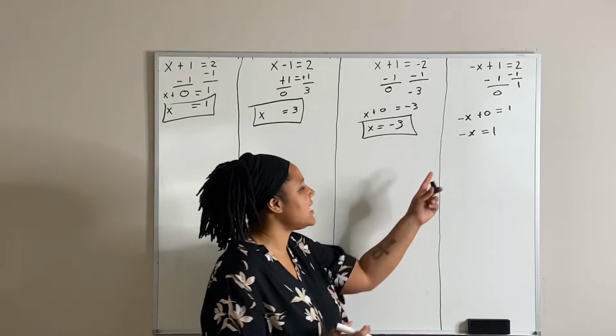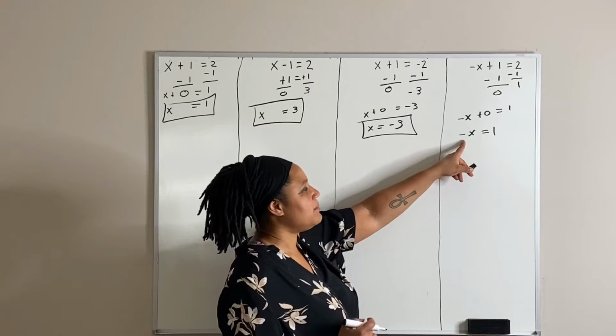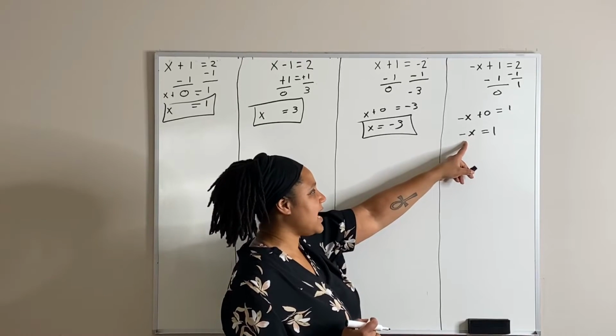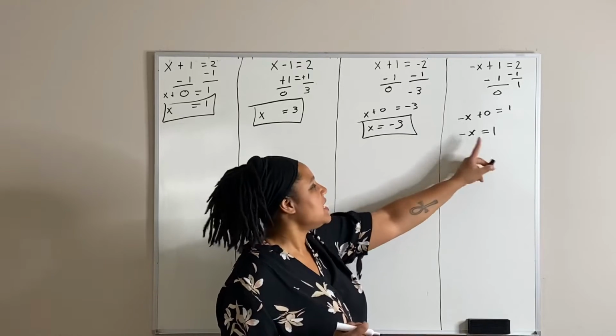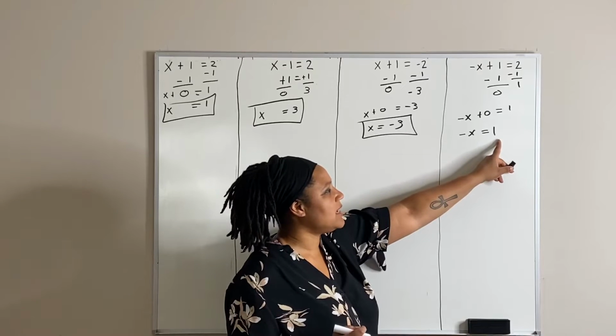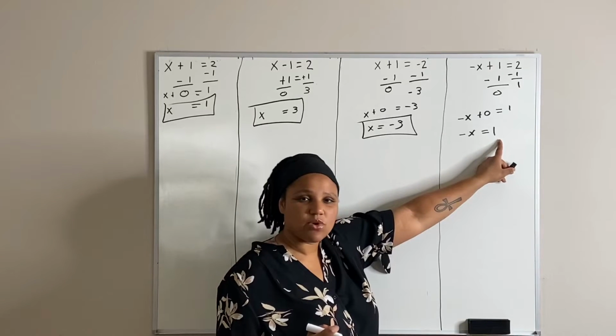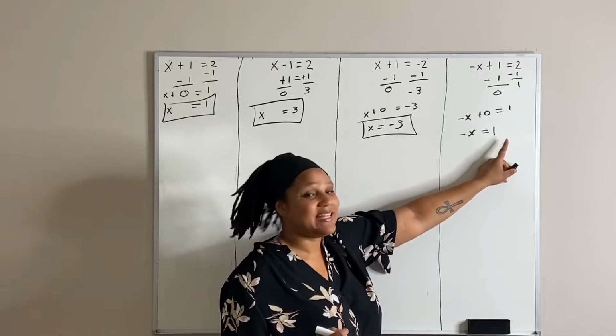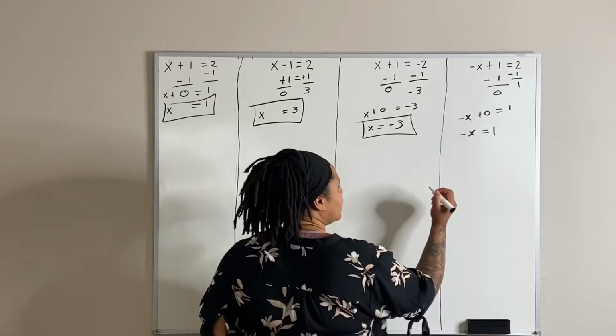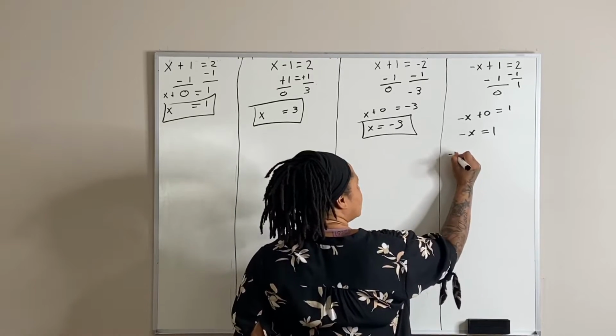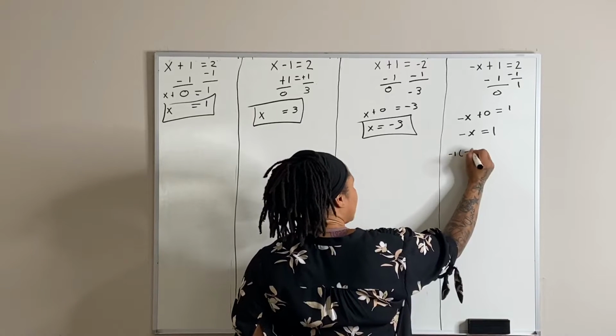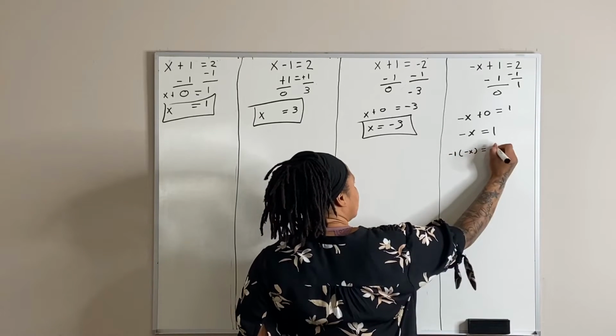So if I take a negative 1 and multiply it by negative x, it becomes a positive x. And if I take a negative 1 and multiply it times a positive 1, then we're given a negative 1. So I'm just going to take a negative 1 and multiply it to both sides.